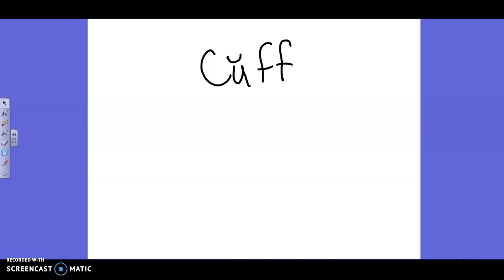Now, boys and girls, there's another rule. Raise your hand if you think you know, what's at the beginning of this word? And how does it sound? K. Now, raise your hand if you think you know how to code the C. How do we code it?